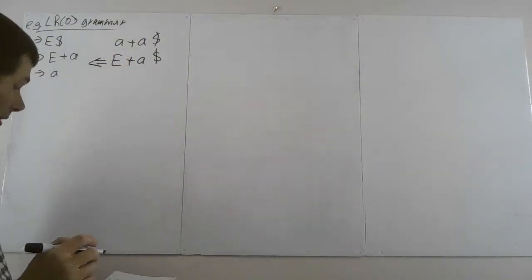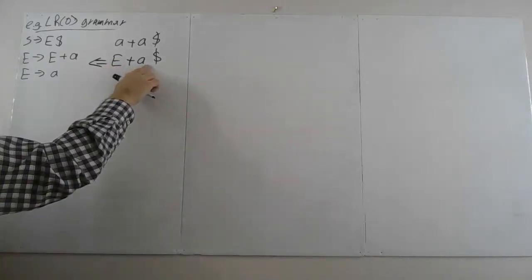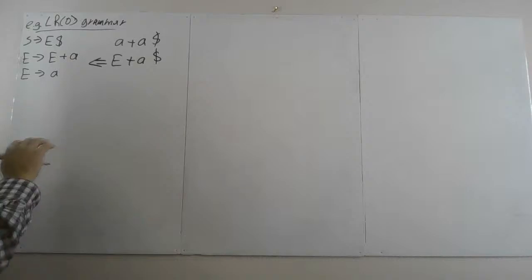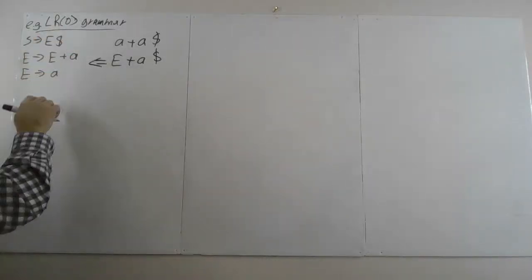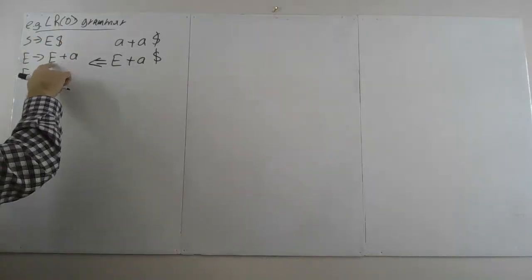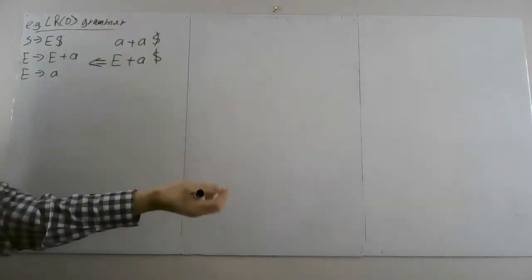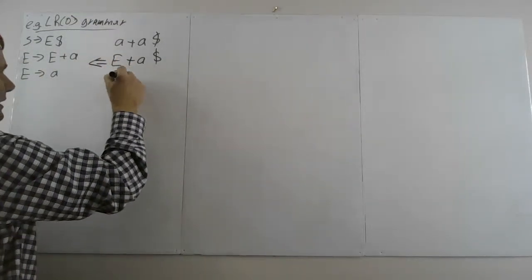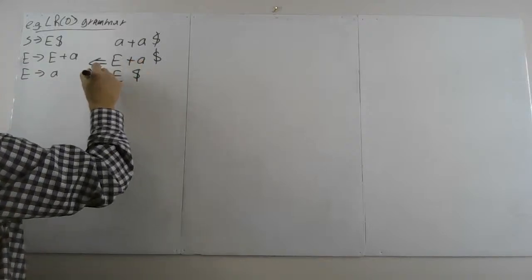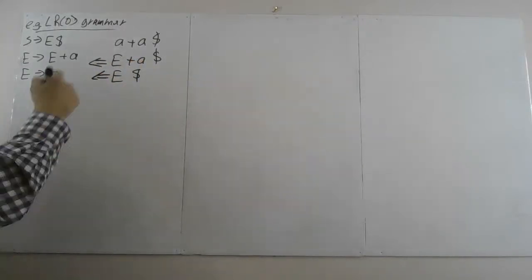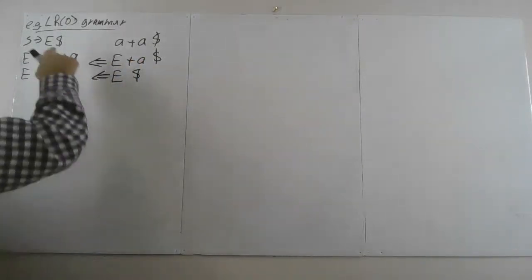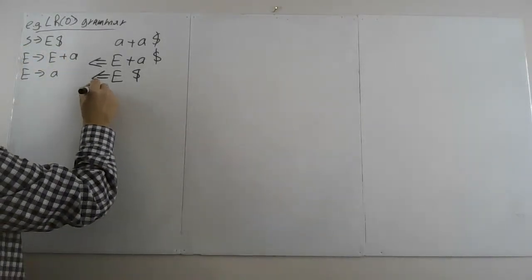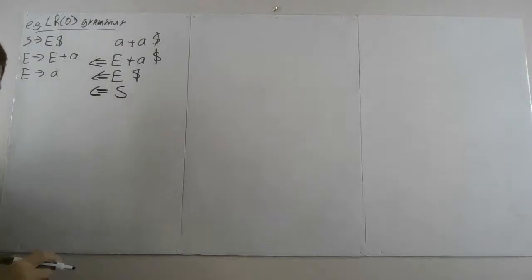And so we need an algorithm that does this, but this is the derivation that the algorithm is going to go through. Okay, and then, when we have this, well, again, we can look at the right-hand side of our production rules, and we see that there is one that says E plus A. So we're allowed to apply that rule backwards and get just E, and the $ is still there. Okay, and then finally we have E $, and there's a rule, so we can get the start symbol S from that.